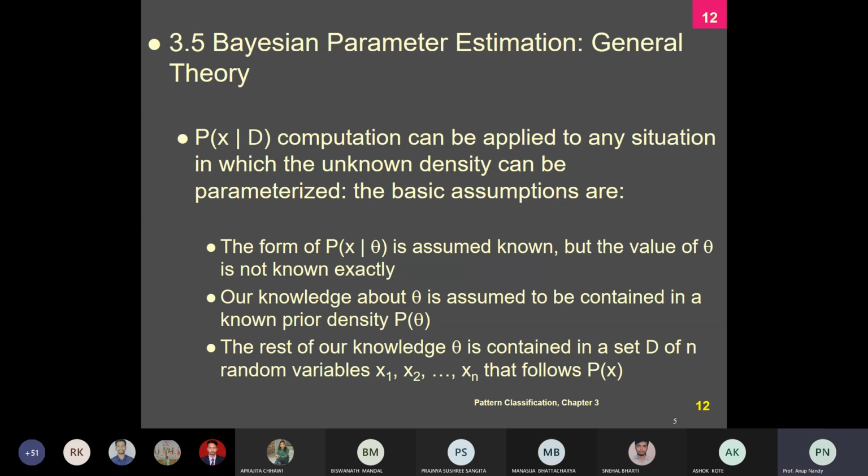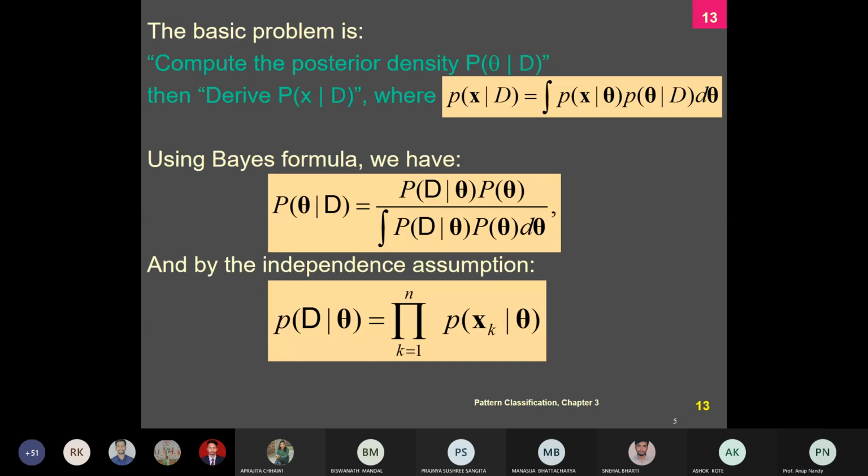The rest of your knowledge about theta is contained in a set D, as I already told you, a capital D of n random variables x1, x2 that follow p(x). These are the basic assumptions that we need to follow. If you understood these three things, then you can easily estimate theta using Bayesian estimation.